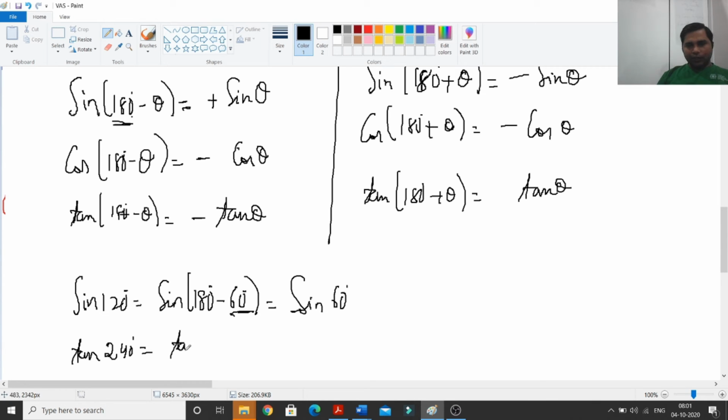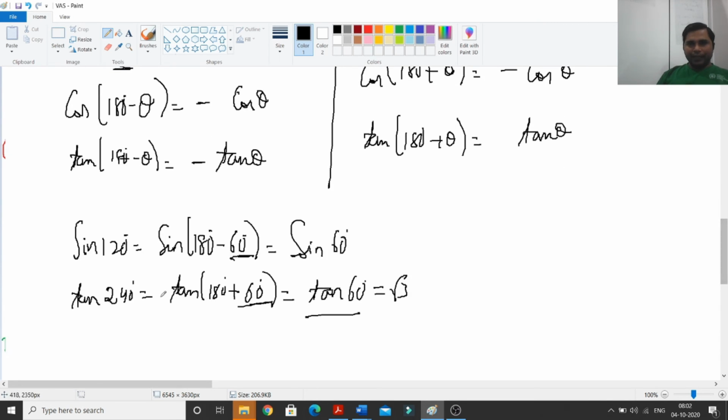Tan 240 we can write as tan 180 plus 60 degree, which is the same as 180 plus theta. Theta is 60 here, it is in the third quadrant. In the third quadrant, tan is positive, so positive tan of 60. Tan 240 value will be the same as tan 60 value, which is root 3. You can use a calculator and check.